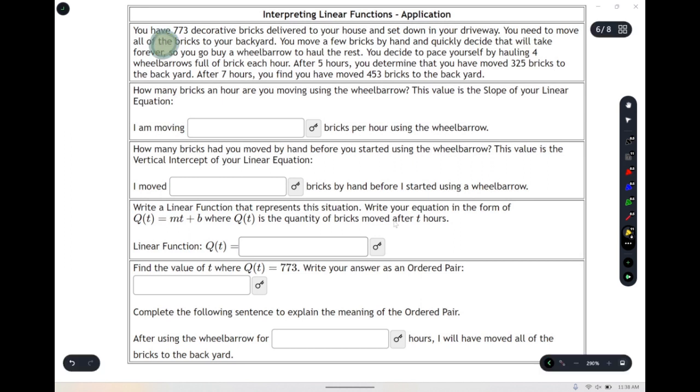You have 773 bricks. You need to move them all. You buy a wheelbarrow. 4 wheelbarrows each hour. After 5 hours, you've moved that many. After 7 hours, we should just make a table then.